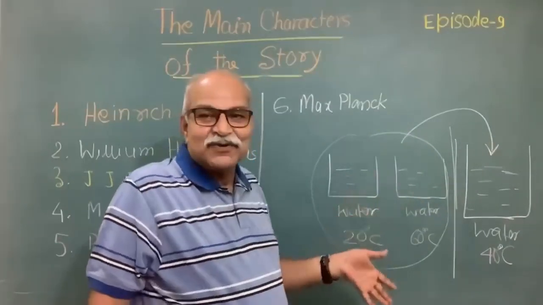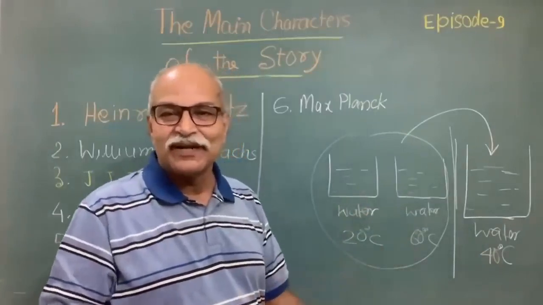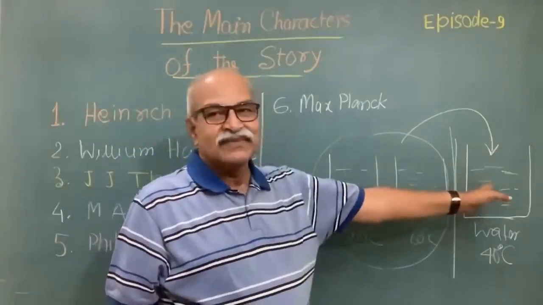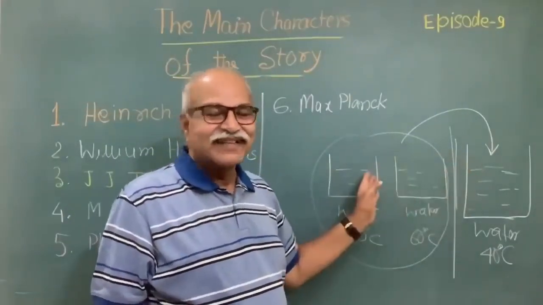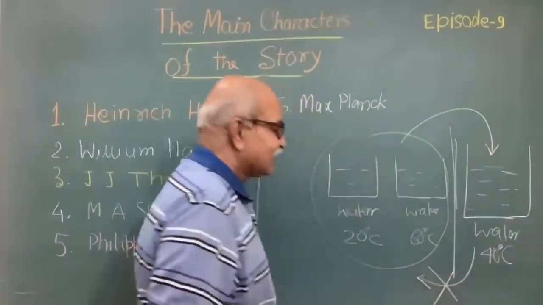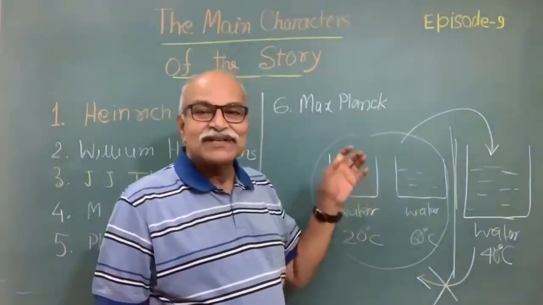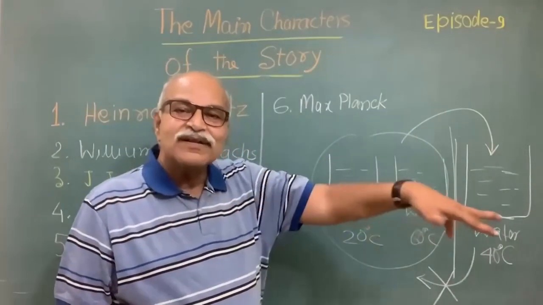I had not put any refrigerator or any boiler to increase the temperature, to decrease the temperature. I just mixed it. Reversed, I separated. The energy is the same. But this is not possible. This is possible. This is not possible. So there are processes which can go only in one direction.